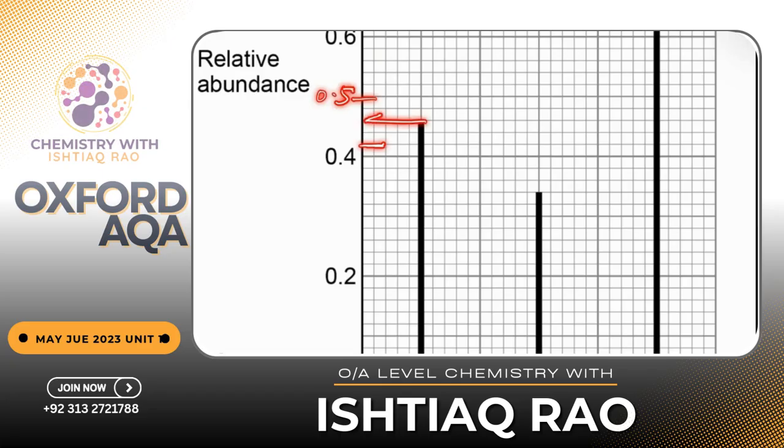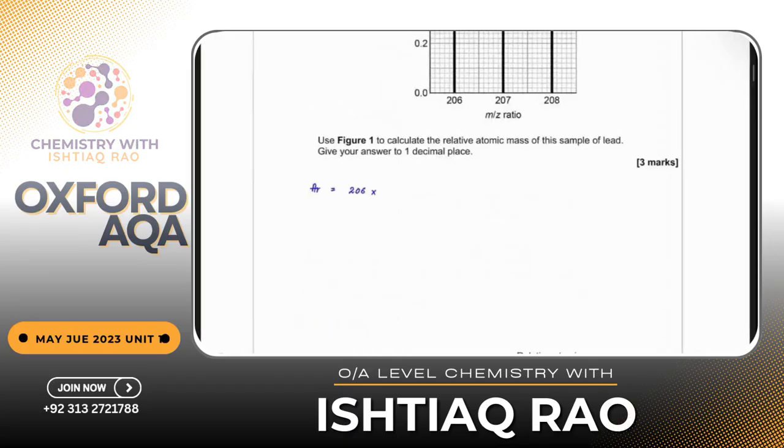What is this number? It's not exactly halfway, so it's going to be 0.42, 0.44, 0.46, 0.48, 0.5. So I can say it's 0.46.